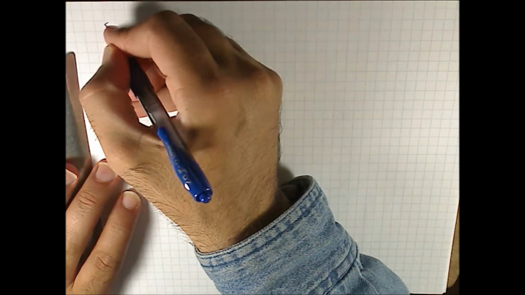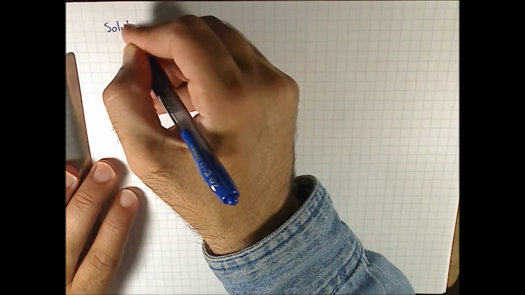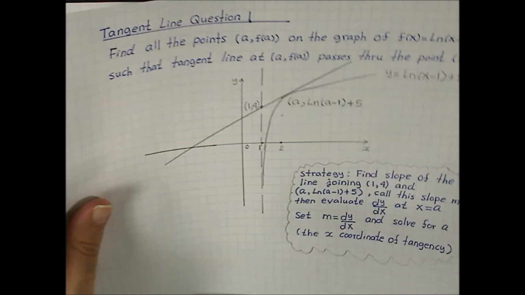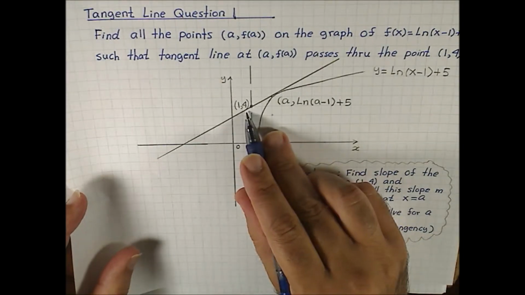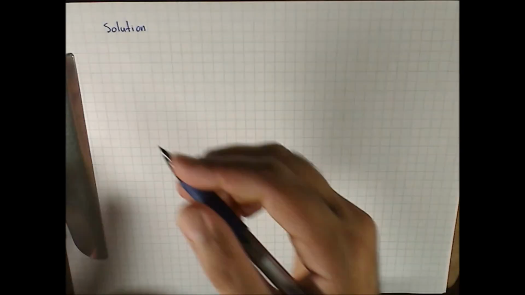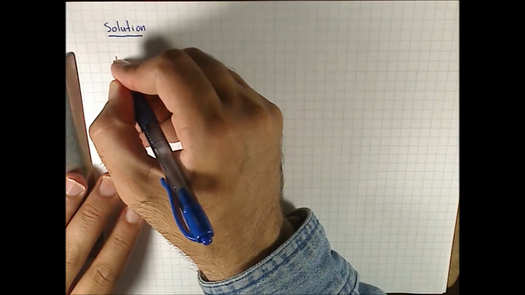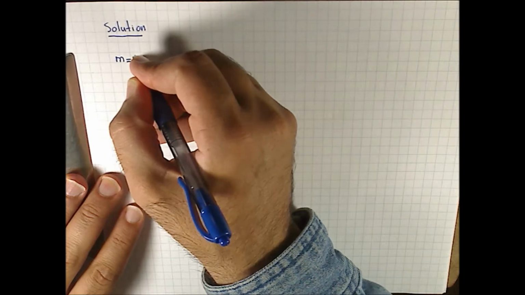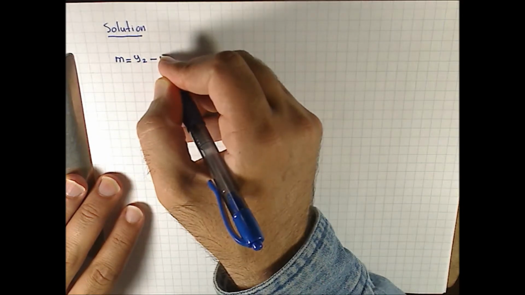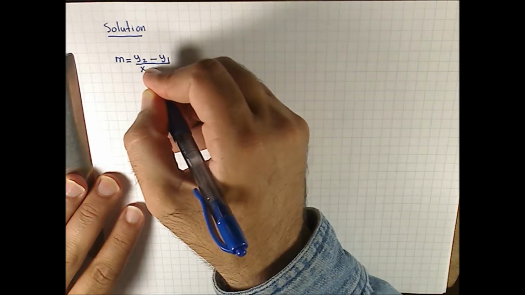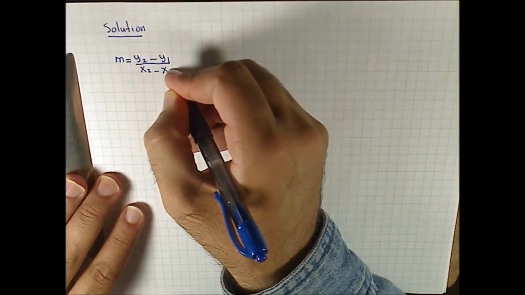Solution. Let's find the slope of the tangent line joining these 2 points using the slope formula. Okay, so that's going to be m is equal to y2 minus y1 divided by x2 minus x1.